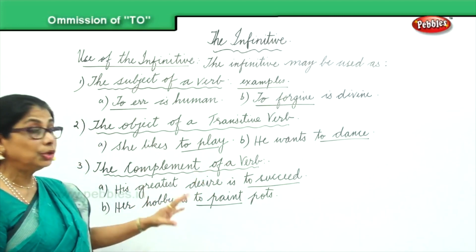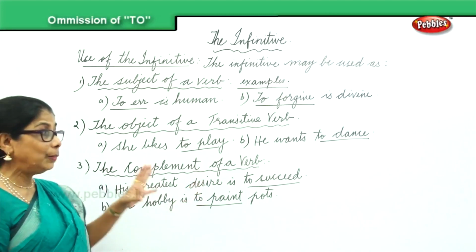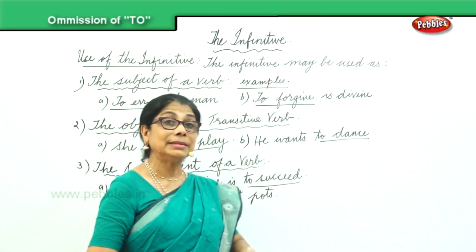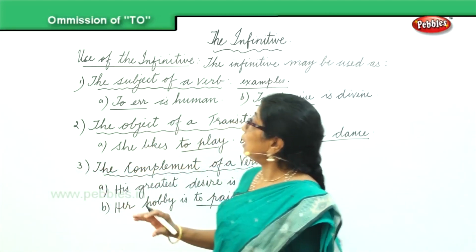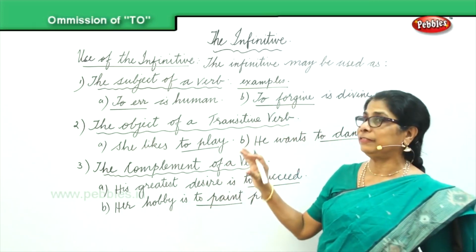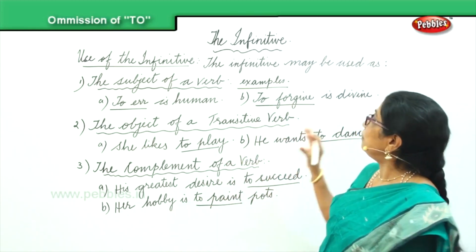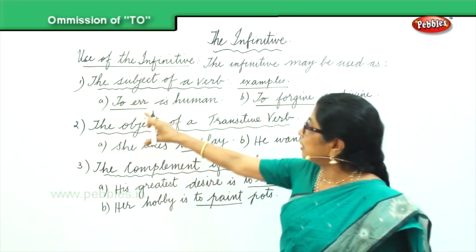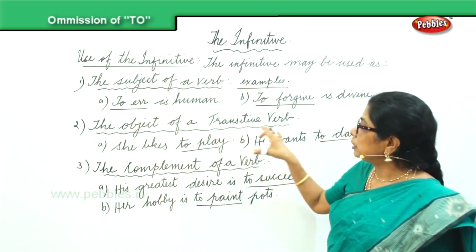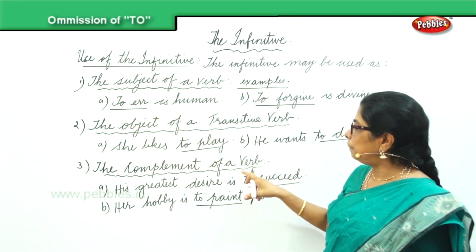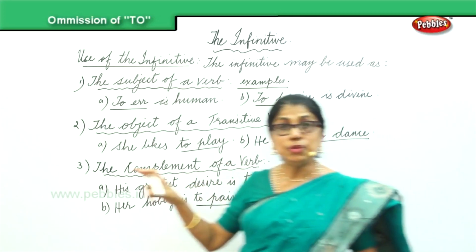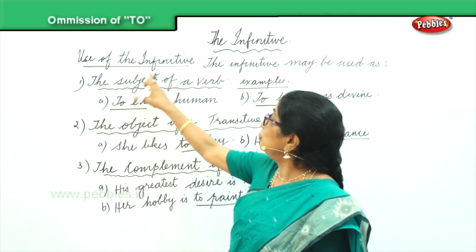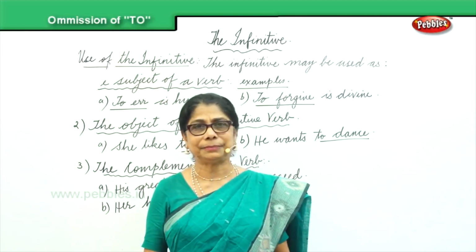Her hobby is to paint. And we have two more categories. So, we are talking about the use of infinitive. The infinitive may be used as the subject of the verb, object of a transitive verb, complement of a verb. And we have two more categories.